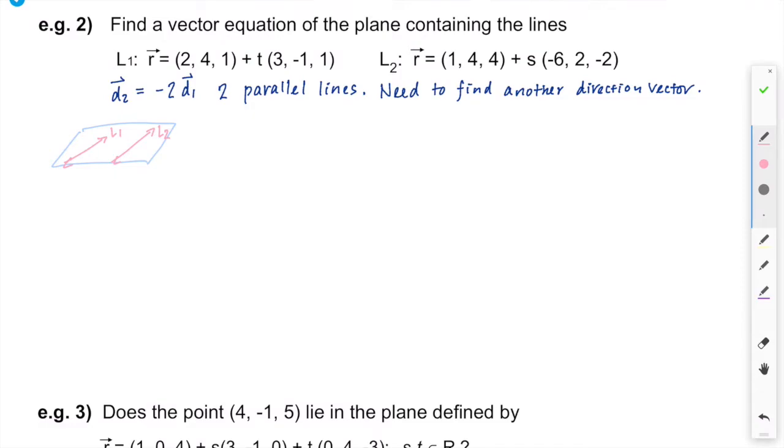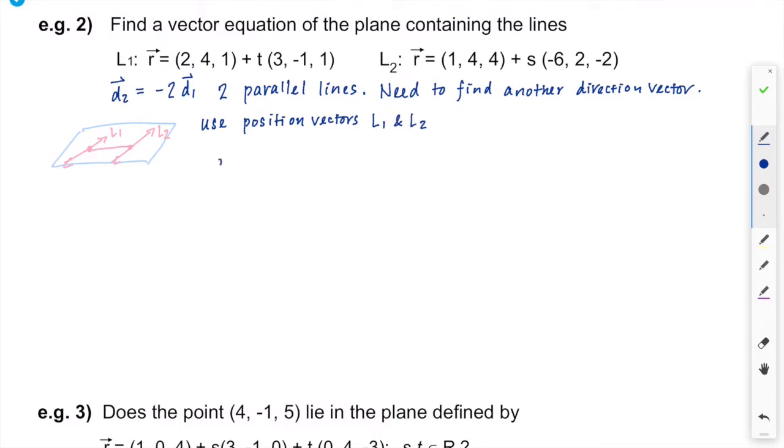So for a second directional vector, what I could do is, still having that direction on the plane, connect any 2 points between L1 and L2, and that will form my third direction vector, so to speak. Okay, and the easiest thing to do is to use the position vectors of these two lines to find our next useful direction vector.